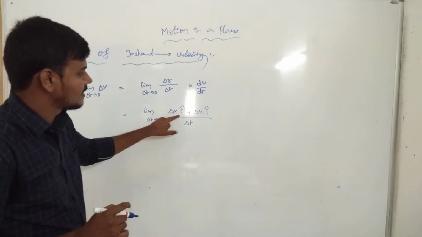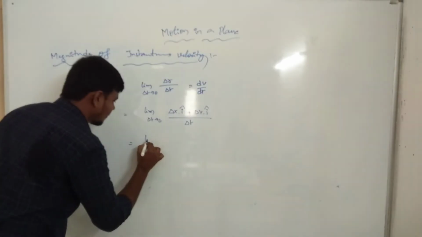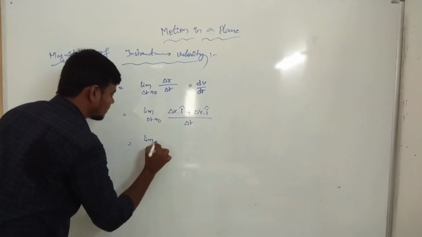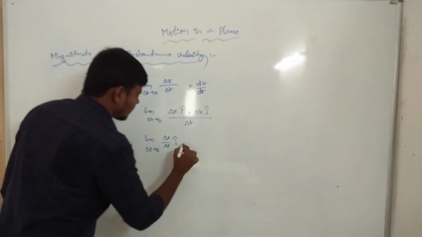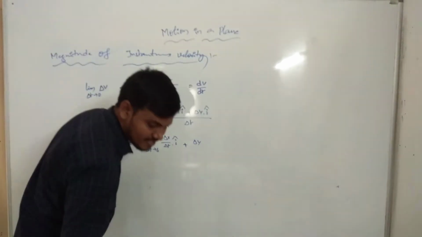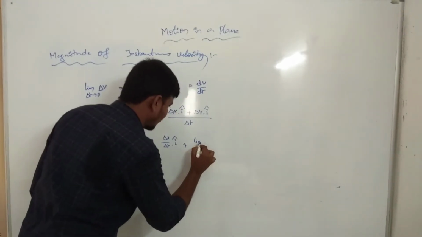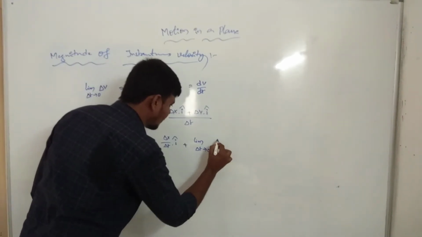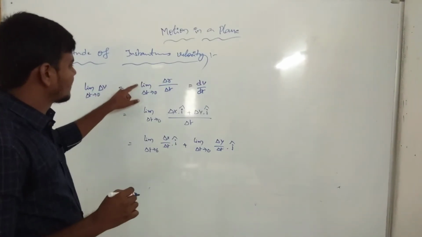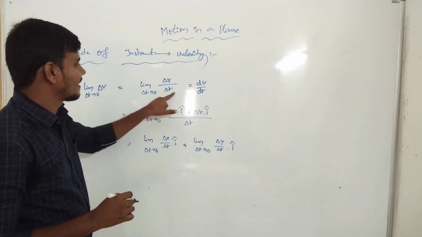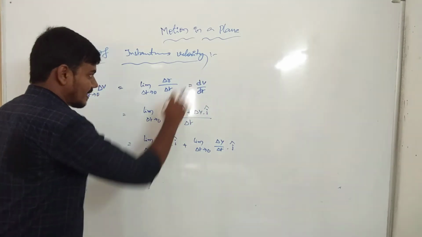Now delta x into i cap plus delta y into j cap by delta t. Separating these terms: the limit as delta t tends to 0 of delta x by delta t into i cap, plus the limit as delta t tends to 0 of delta y by delta t into j cap. Now the limit of delta r by delta t, the rate of change of displacement, is known as velocity. In the same way we can continue to delta v by delta t, or dv by dt.